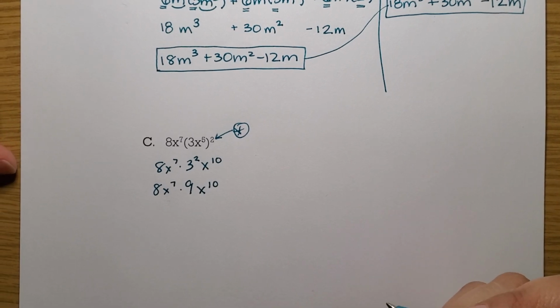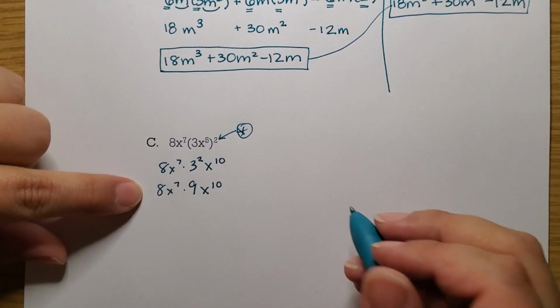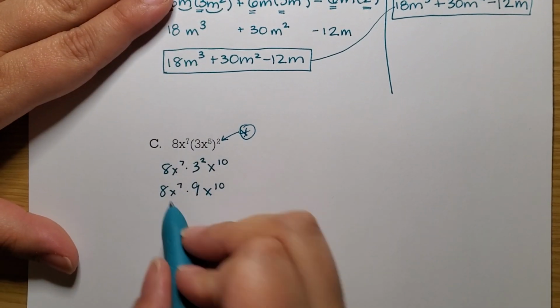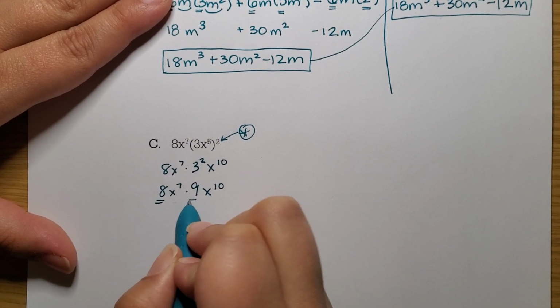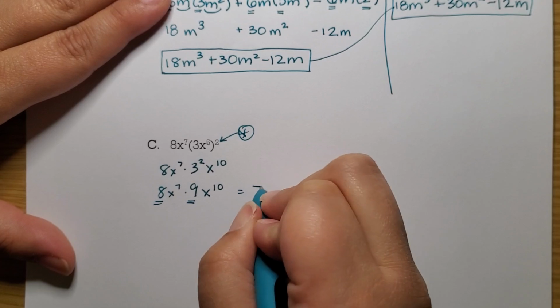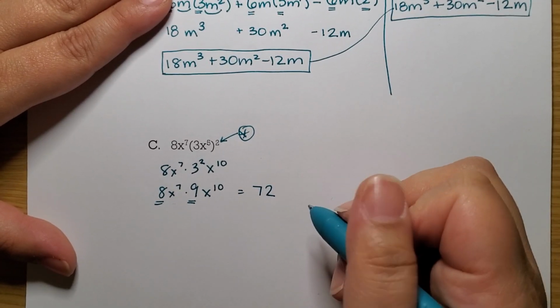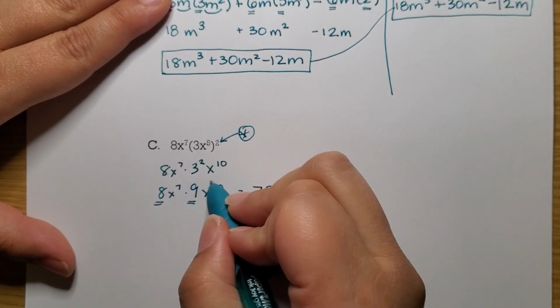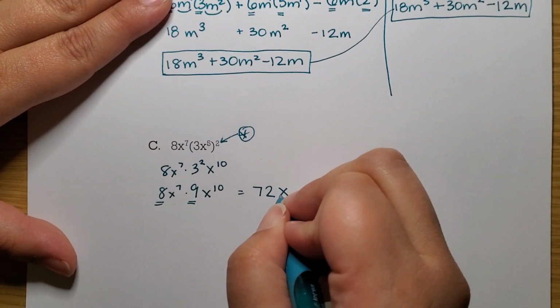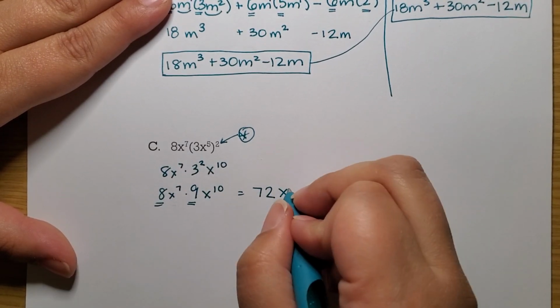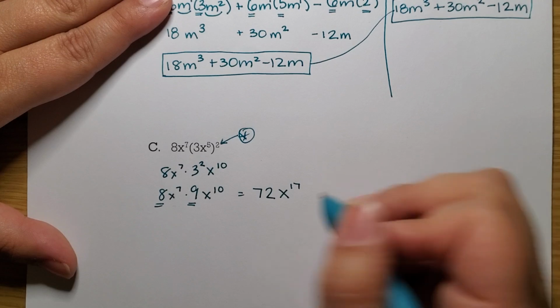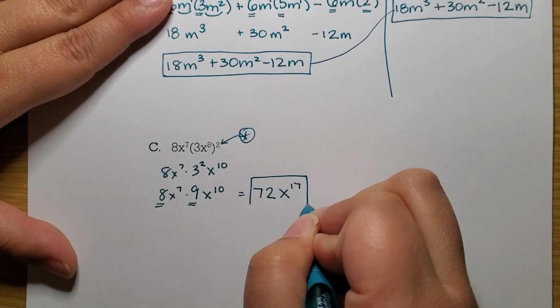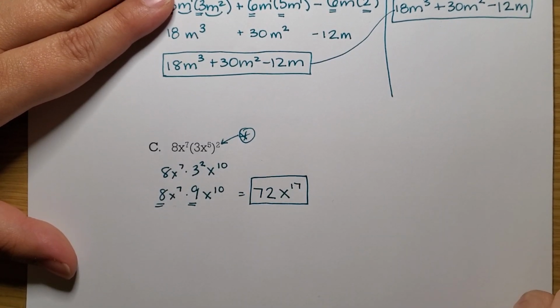Let's see. So I've got 8 times 9, which is 72. I multiply the big numbers. And then I'm going to add the little numbers. So 7 plus 10 is 17. So that becomes 72 times x to the 17th.